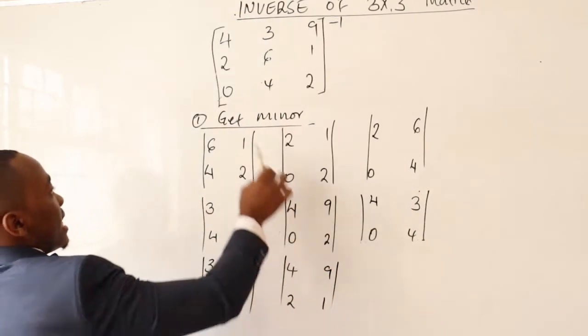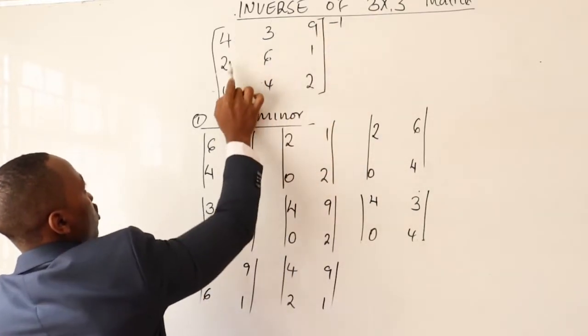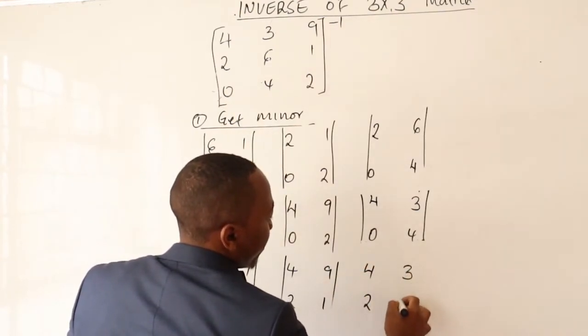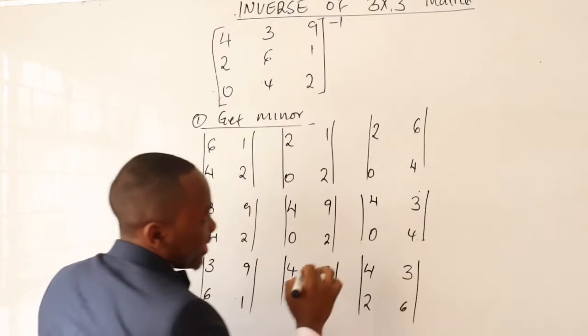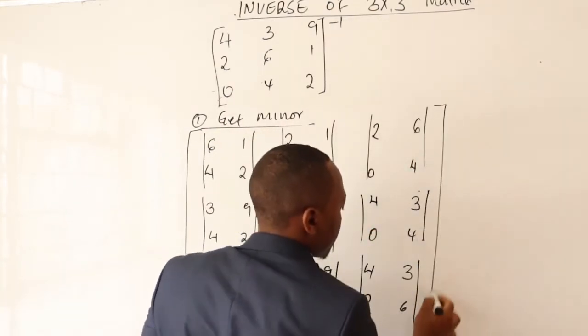And lastly, third row, third column: we have 4236. That is it. So that's the first step.